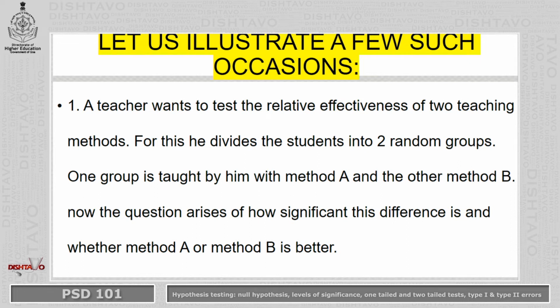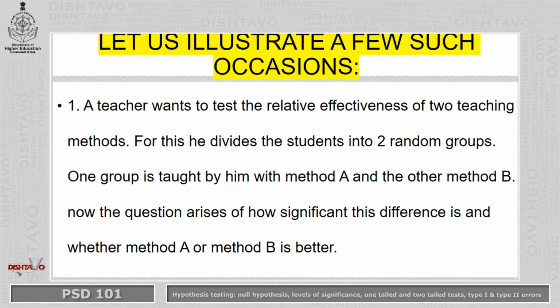To illustrate what is significance of means and the difference, let us take 3 such occasions where we may utilize significance of means. First and foremost, if a teacher wants to test the relative effectiveness of 2 teaching methods. So what the teacher does is, he divides the students into 2 random groups.